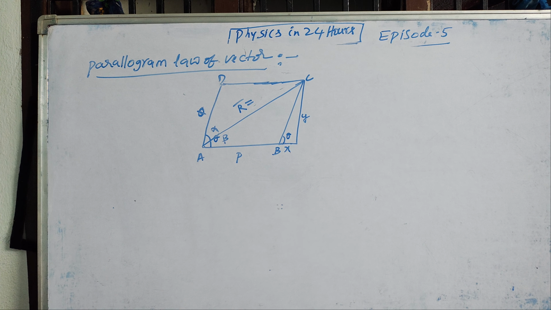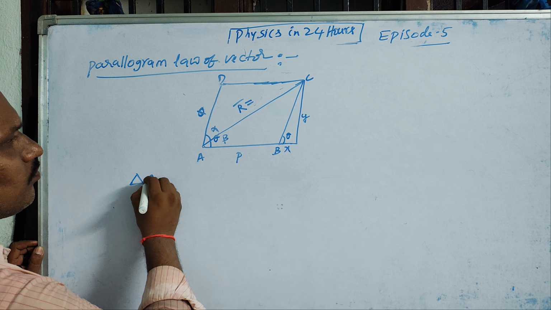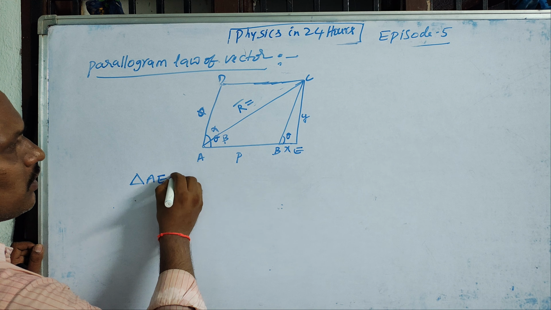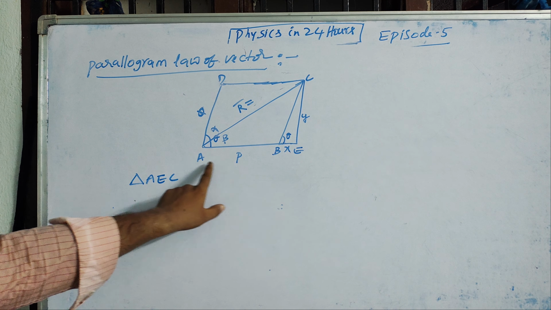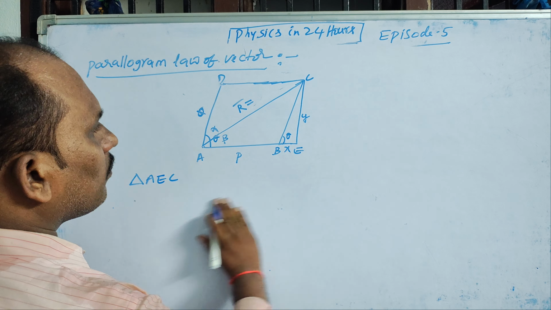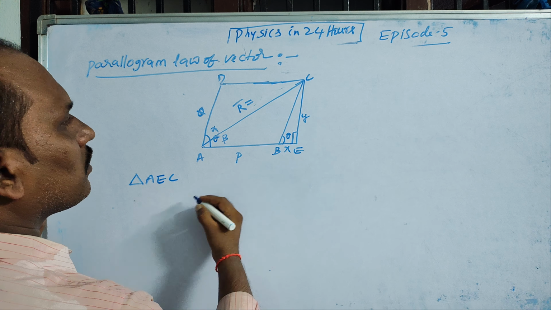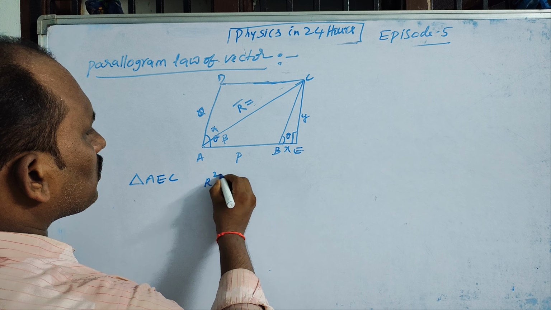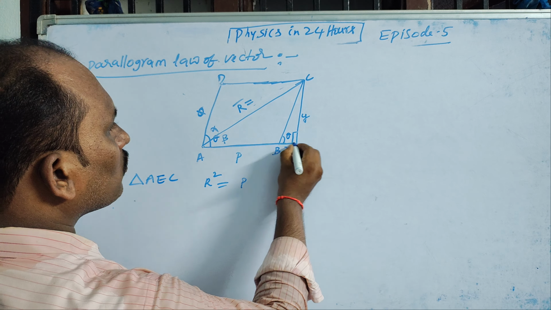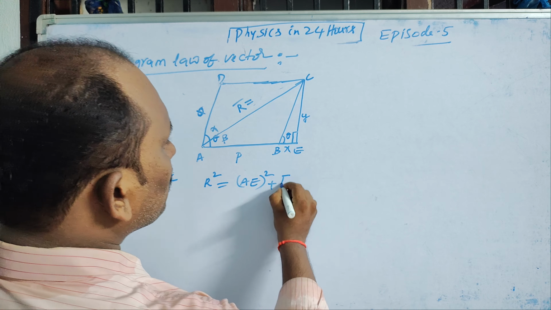From this diagram, I take triangle AEC. So now what will happen, guys? We apply Pythagoras theorem. What does the Pythagoras theorem tell us? This is the right angle. So opposite R square is equal to AE whole square plus EC square.